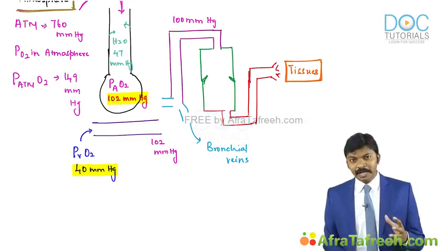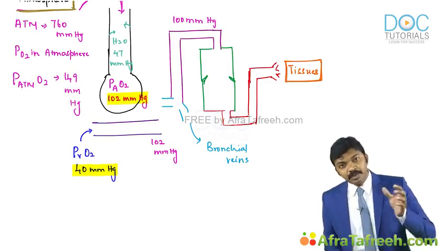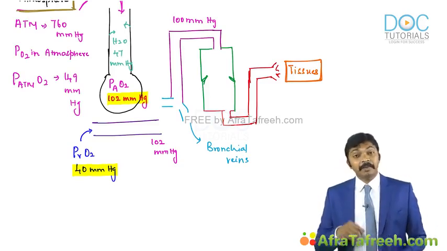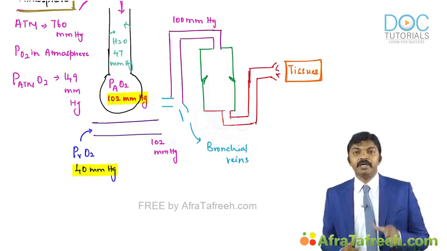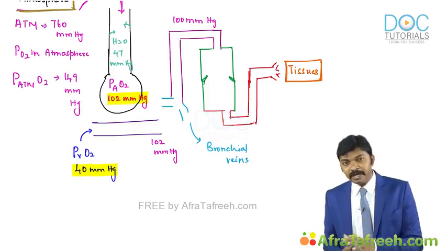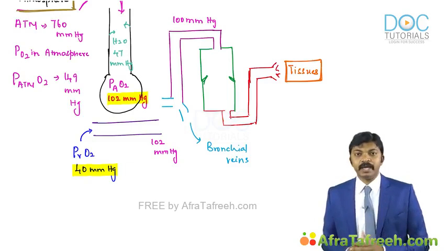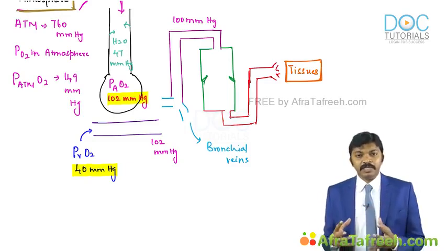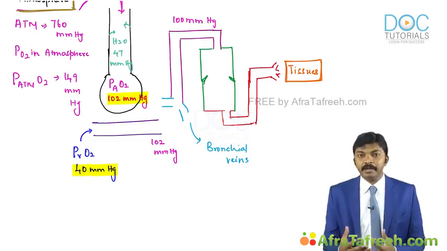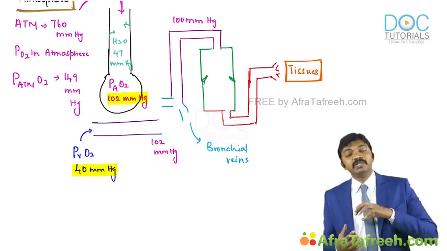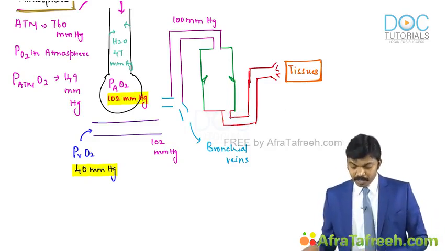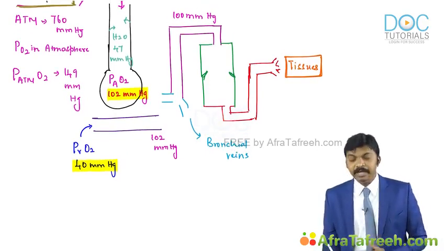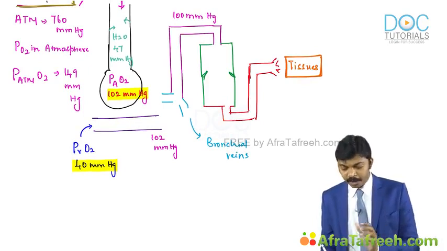So, Thebesian veins of the right atrium empty into the right atrium itself. Thebesian veins of the left atrium empty into the left atrium itself. Thebesian veins of the left ventricle empty into the left ventricle itself. So, as these Thebesian veins contribute to the addition of carbon dioxide, the partial pressure of oxygen will come down even further. So, this leads to a fall in partial pressure of oxygen by the time the blood gets into the aorta.